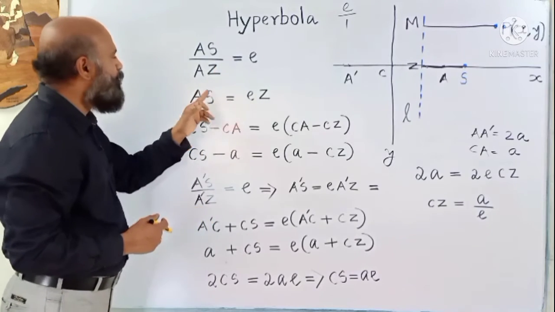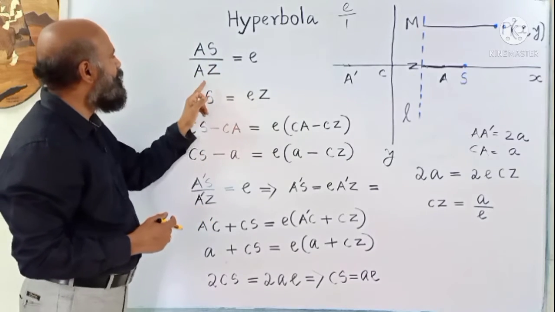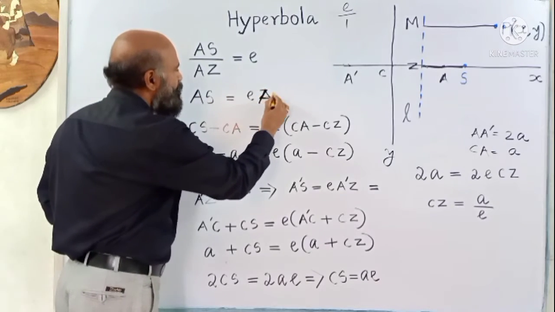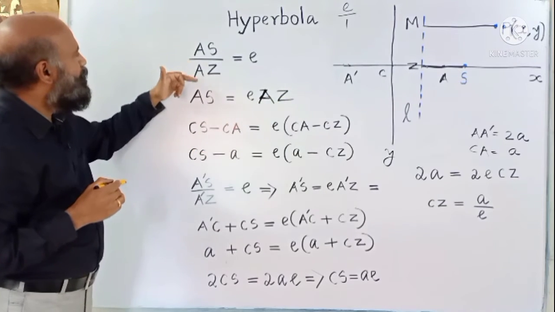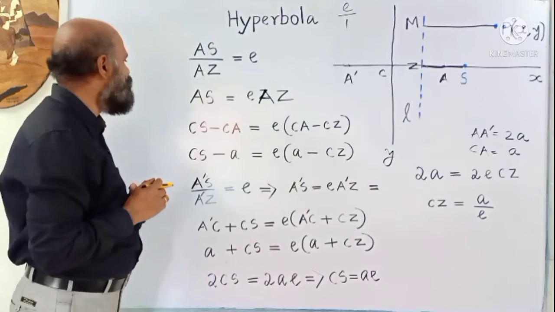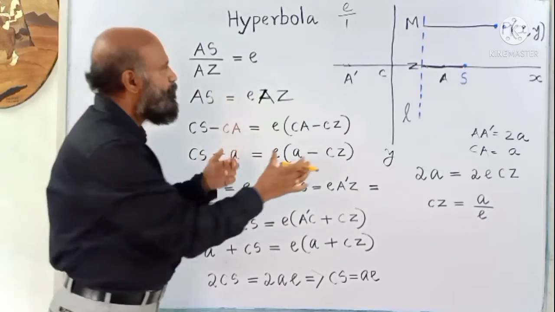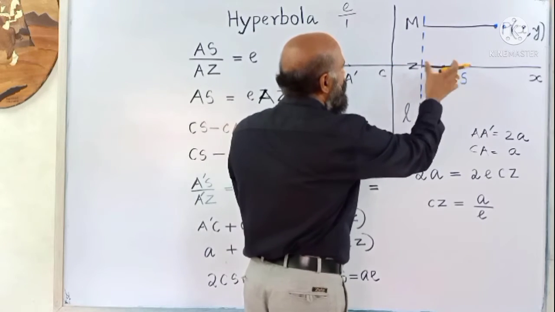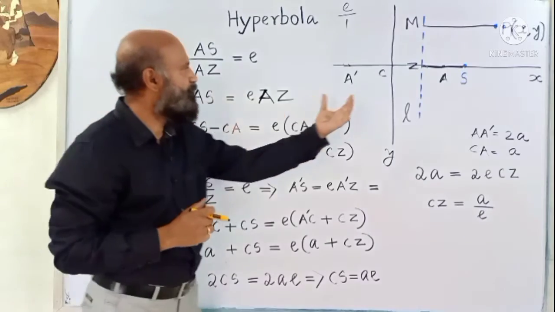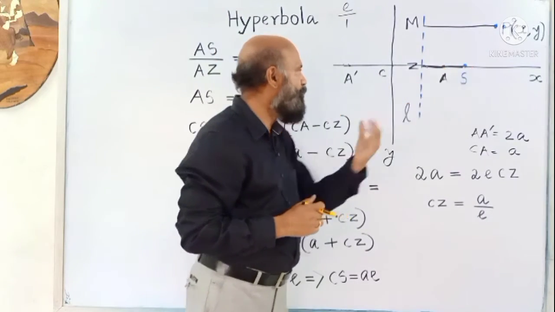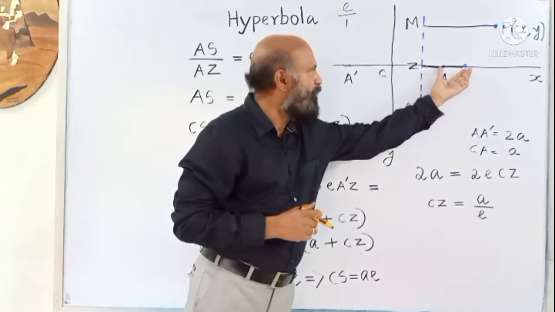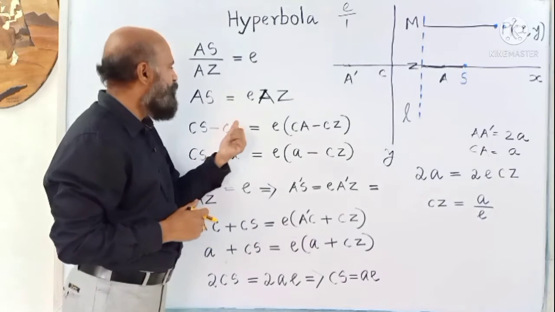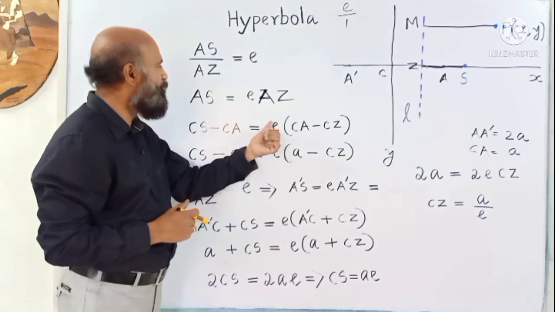Now you rearrange this, so you'll get AS is e AZ. Now AS can be written as CS minus CA. Every measurement we have to make from the center. So CS minus CA is equal to e into AZ.